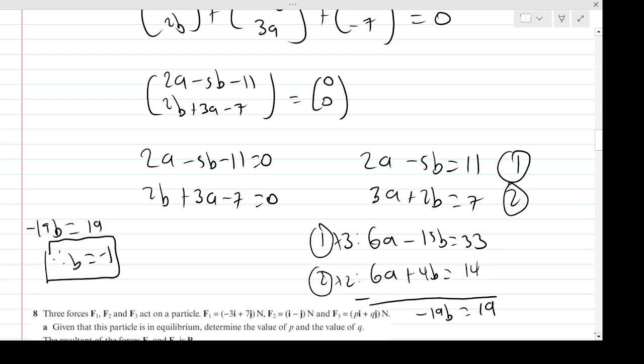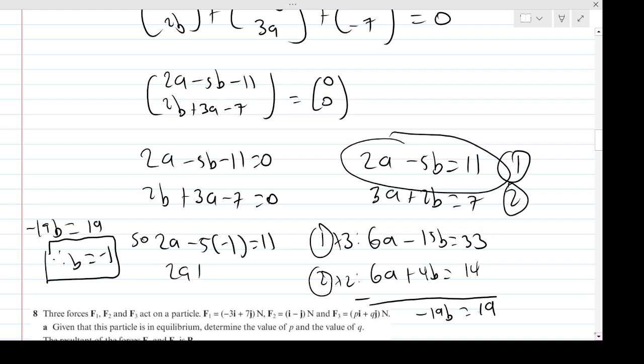Then to find a, I can substitute that back into either equation. I'm going to substitute it into the first one. So 2a minus 5b, so that's going to be minus 5 lots of minus 1 equals 11. So 2a plus 5 equals 11. Therefore 2a equals 6. So therefore a equals 3. So there we are. Those are my values.